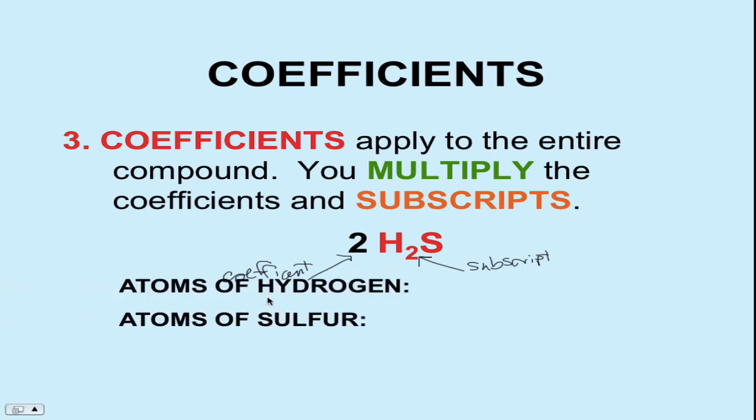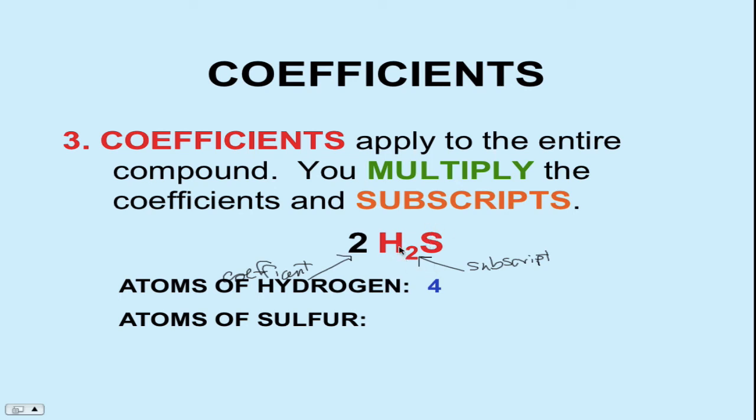So, really quick, I want you guys to try and figure out how many atoms of hydrogen there are, how many atoms of sulfur there are. The rule says that we're going to multiply the coefficients times the subscripts. So for hydrogen, we're going to take 2 times 2. 2 times 2 should mean that there are 4 atoms of hydrogen.